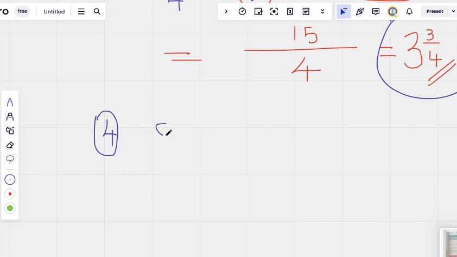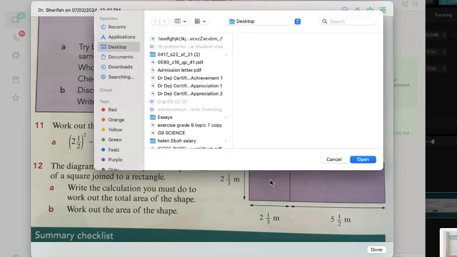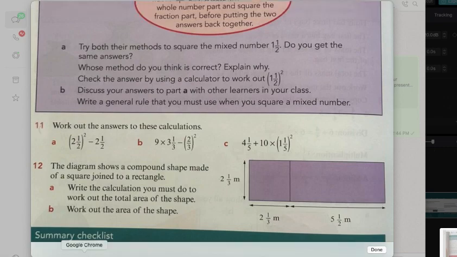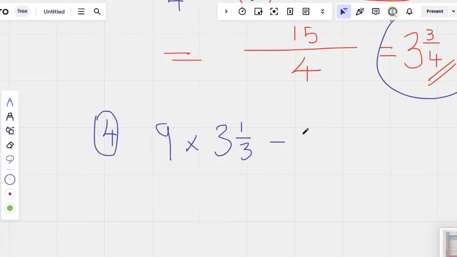So we say 9 multiplied by 3 whole number 1 over 3, minus 2 over 3 squared. So minus 2 over 3 squared.